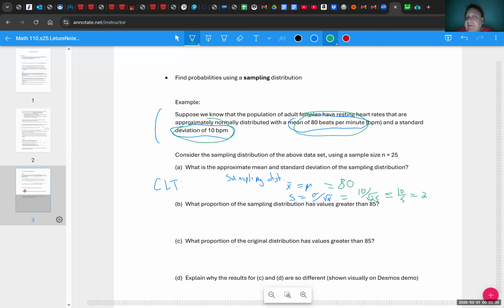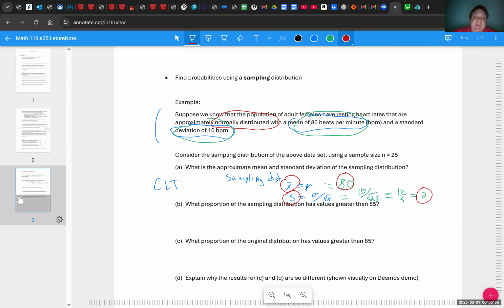So we know the sampling distribution is a normal distribution because the original distribution is normal. Remember, if the original distribution is normal, that guarantees that the sampling distribution is normal as well. So we have a normal distribution, a known mean, and a known standard deviation.